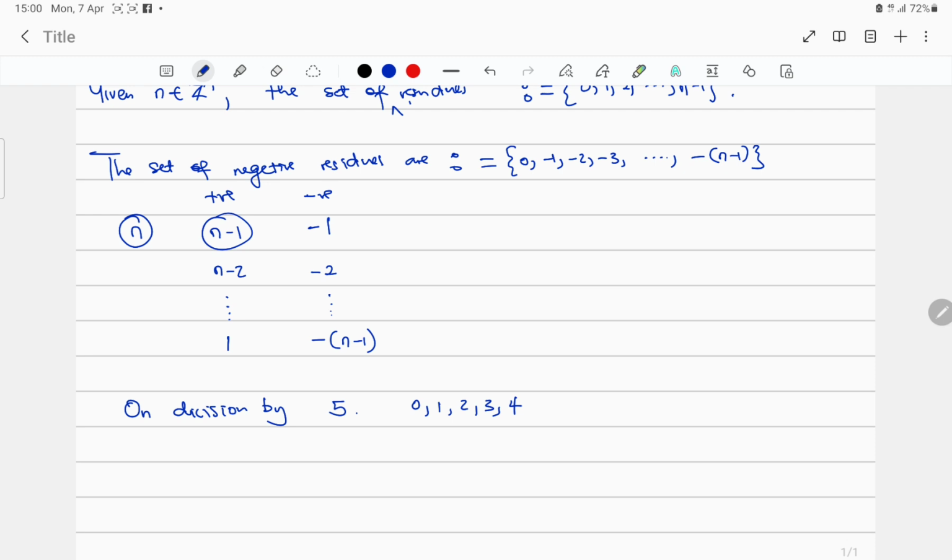The negative remainders corresponding to these will be 0, 1 minus 5, 2 minus 5, 3 minus 5, and 4 minus 5, respectively.